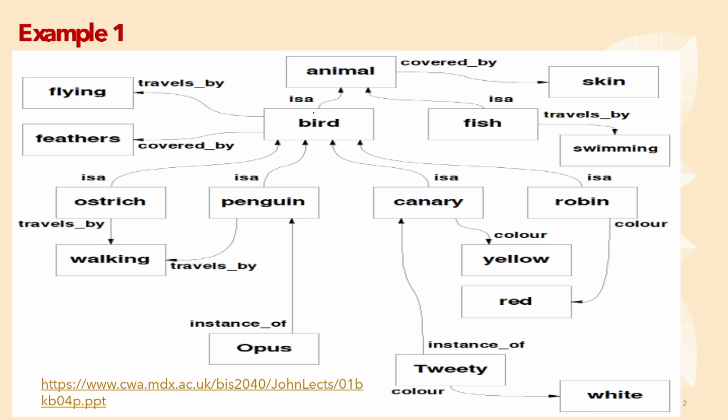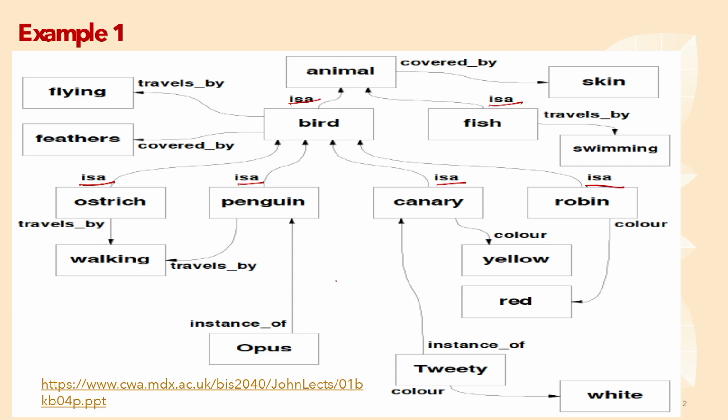Again I got it from this site, where if you check here, bird is an animal, fish is an animal, and this is an instance, and penguin is a bird, canary is a bird, robin is a bird, and ostrich is a bird.